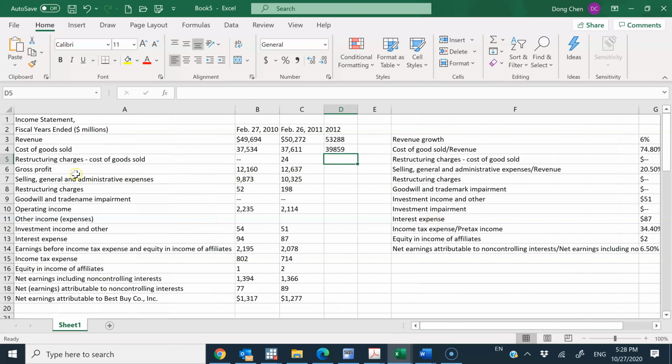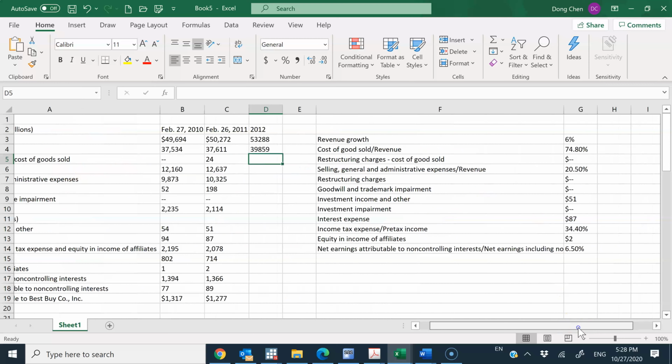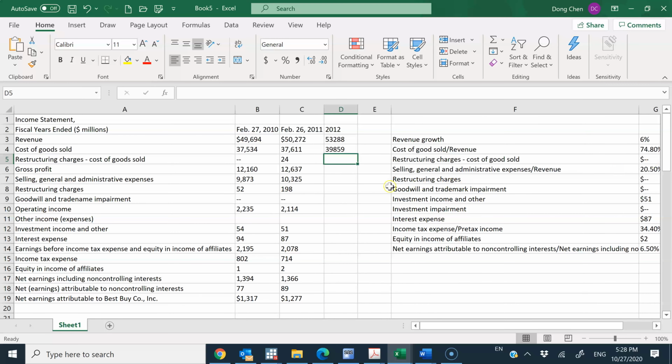Then the next item is the restructuring charges, cost of goods sold. If you look at the assumptions, it doesn't have any number, so we can assume that's 0. That means last year's charge was a one-time charge. So gross profit is the difference between the sales and cost of goods sold, and then this 0.